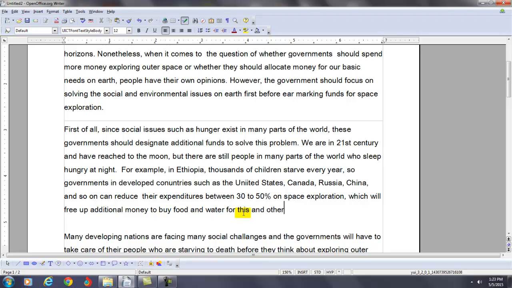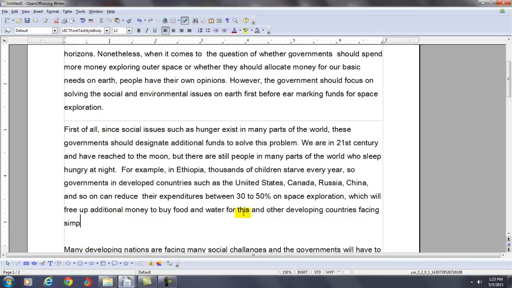this and other developing countries, you might say, facing similar problems.